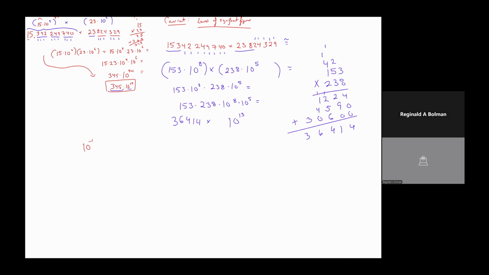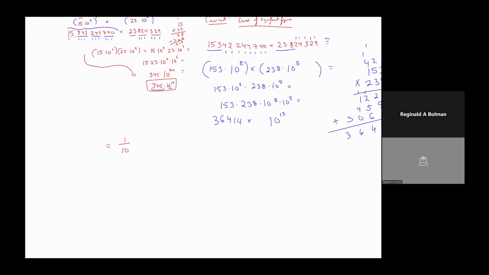So when you talk about something like 1/10 of an inch, well, it turns out 1/10 of an inch by our exponent rules is the same thing as 10 to the negative 1, because 10 to the negative 1, you'll remember from the negative exponent laws, is 1 over 10 to the 1. And 1 over 10 to the 1 is just 1 over 10. So if we're talking about tenths of an inch, that's really 10 raised to the negative 1 inches.